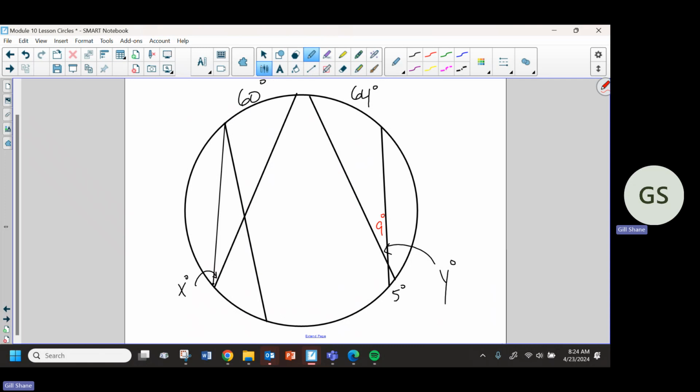The only time it's twice is when it is an inscribed angle, or that situation where it's a tangent and a secant. The key is the vertex is on the circle. If the vertex is not on the circle, then it's not multiply by 2 or divide by 2. You have a formula you have to use.